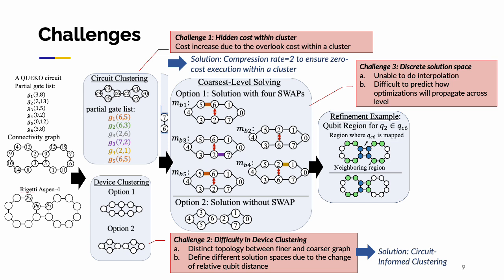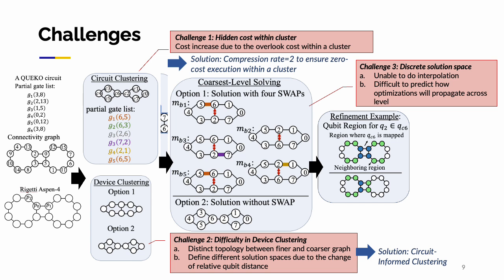So first, we use Q2 as an example. At the coarser level, it belongs to coarser qubit 6. And in the option 1, the coarser qubit 6 is mapped to the following region indicated by blue. So this will be the region where we expect that Q2 should stay within at the final level.